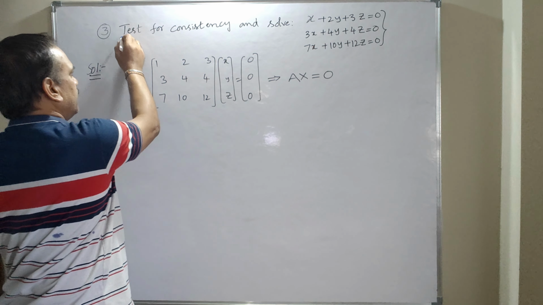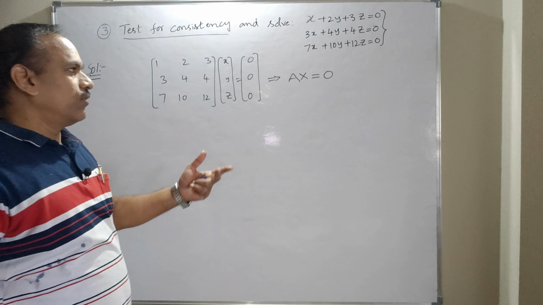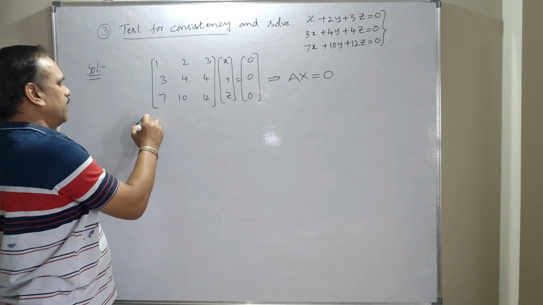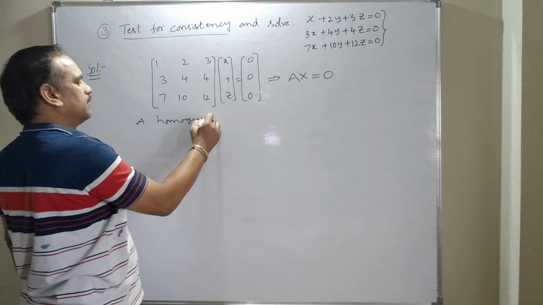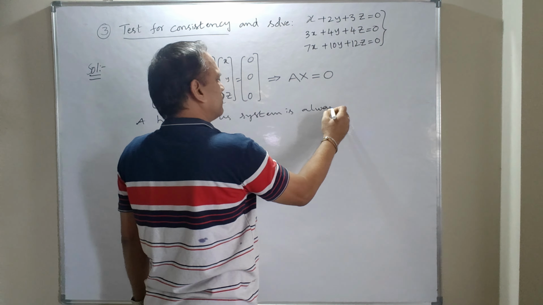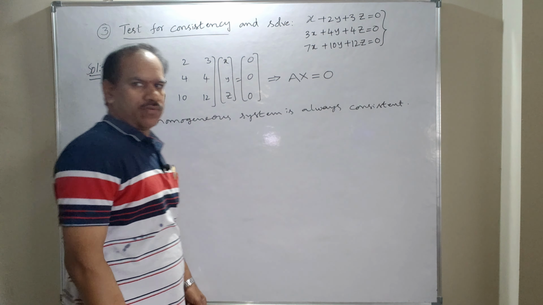And you are asked to test for consistency. You need not test because a homogeneous system is always consistent. You write simply a homogeneous system of equations is always consistent. Therefore, it has a solution for sure.